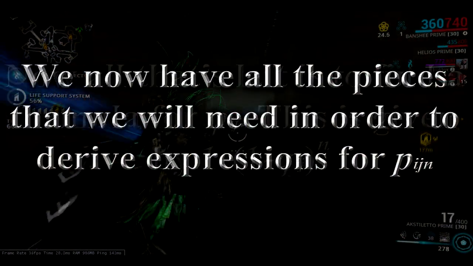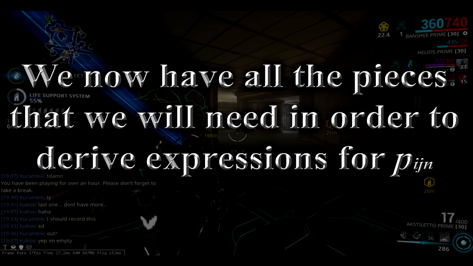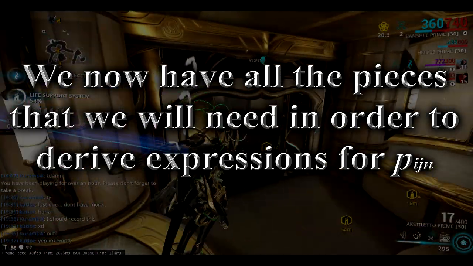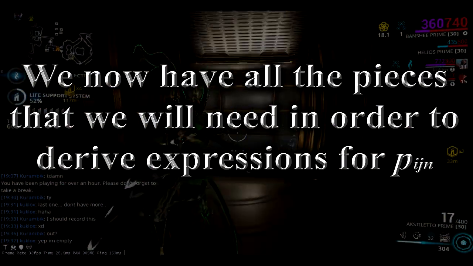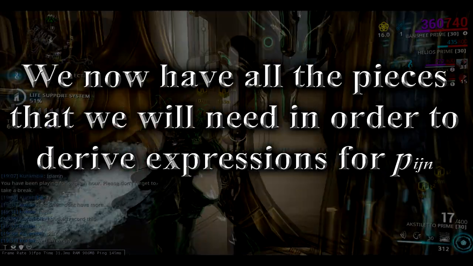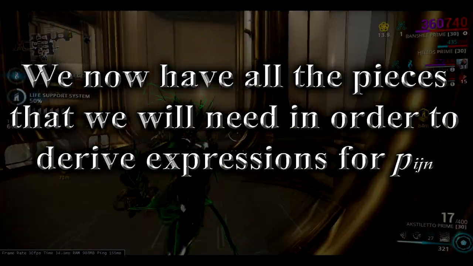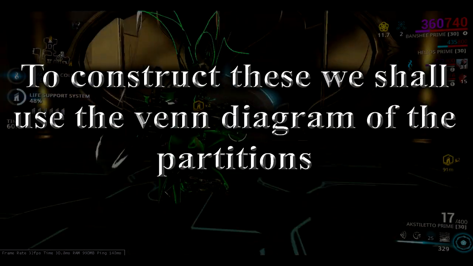Now we have all the pieces that we will need in order to derive expressions for Pijn. As you know, Pijn was defined previously. To construct these, we shall use the Venn diagram of the partitions.